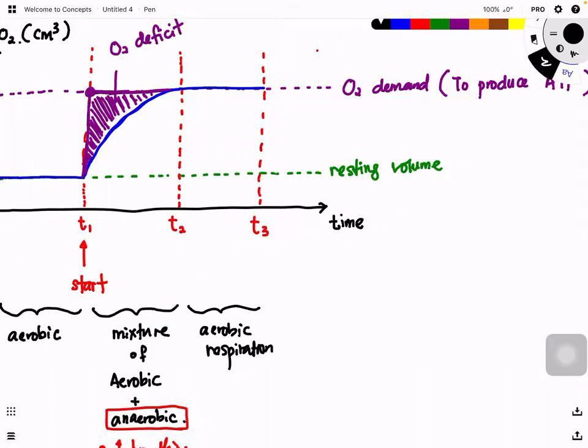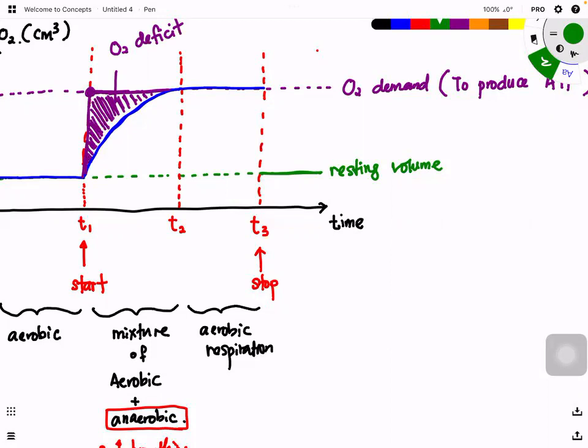So at T3, then you stop the event. You stop jogging already, a slow jog. What will happen here is when you stop your exercise, by right, you should need this resting, right? But the volume of O2 that you breathe in here won't straight away drop to the resting volume.